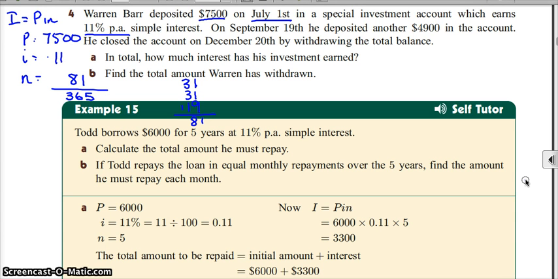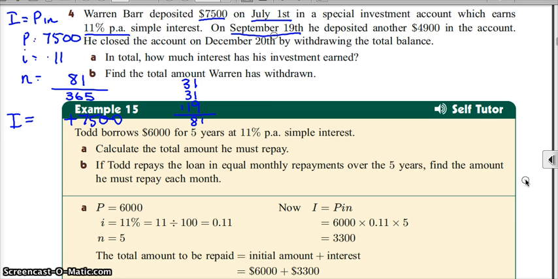For just 81 days out of that whole year. That will give you an amount of interest. So at September 19, no longer will you have 7,500, you'll have 7,500 plus your interest. Yeah?